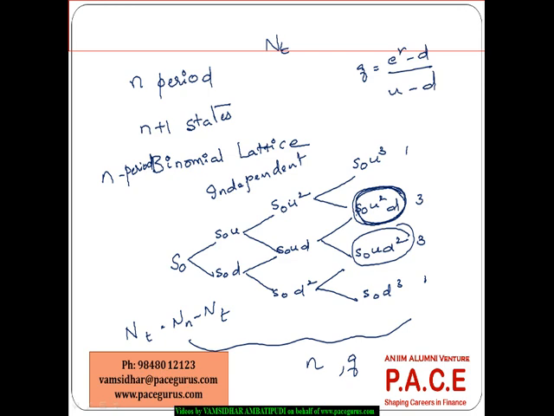Now I can simply find out the price of this particular derivative simply as finding the present value. It's as good as I try to find the payoffs at each of these periods. Whatever is the payoff at each of the periods, the expected value based on the binomial tree, I'll find out the expected value and discount it to the present value.